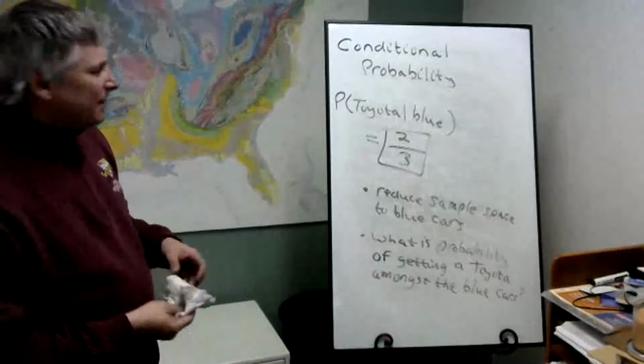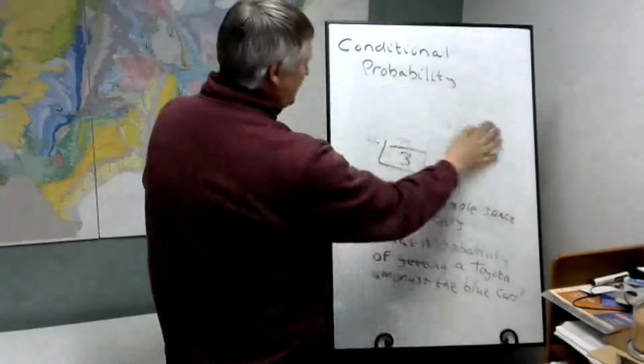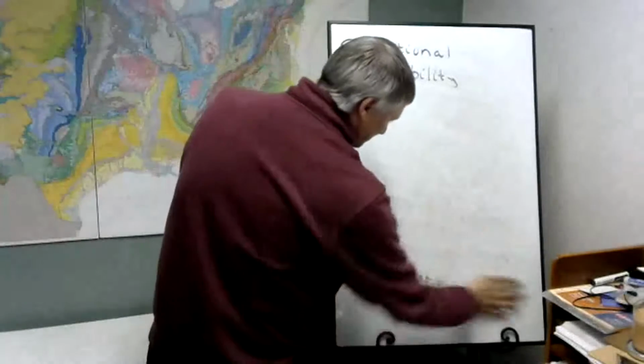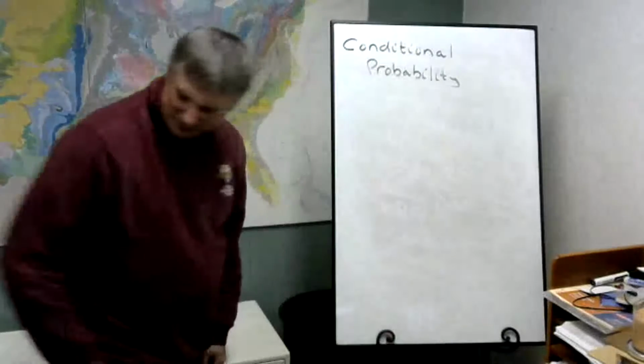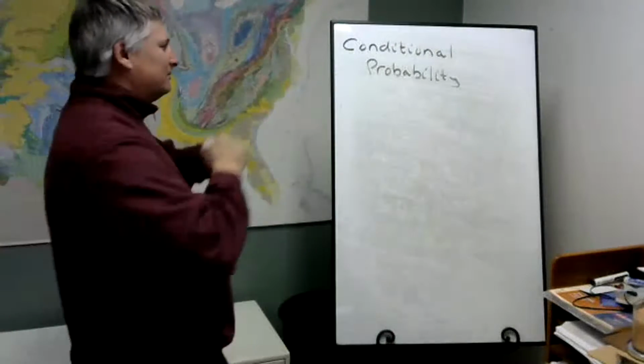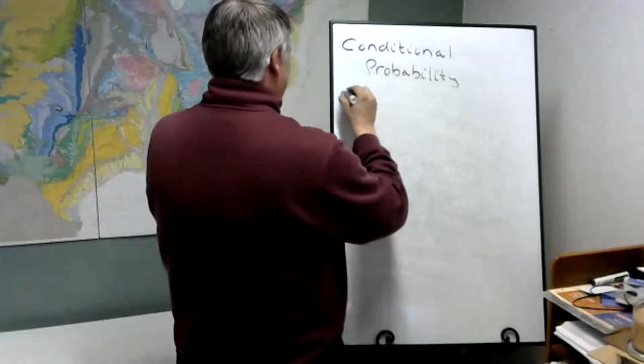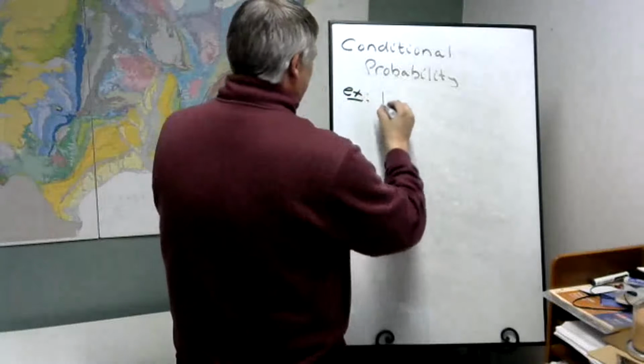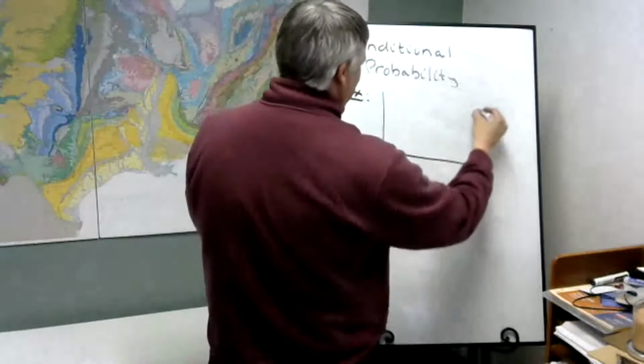Another way you could think about this, again, we could use Venn diagrams. So for example, let's go back to this.